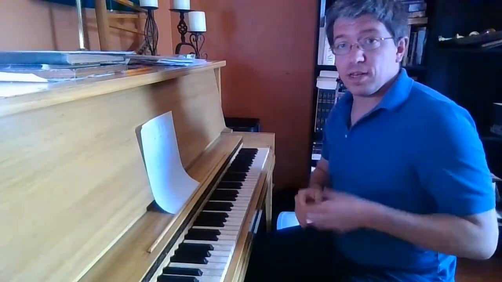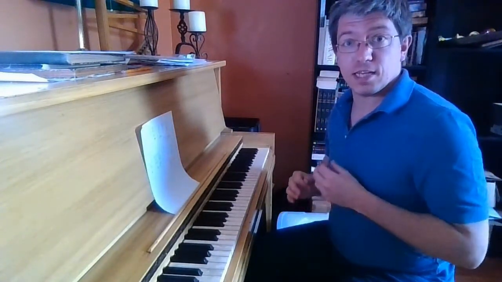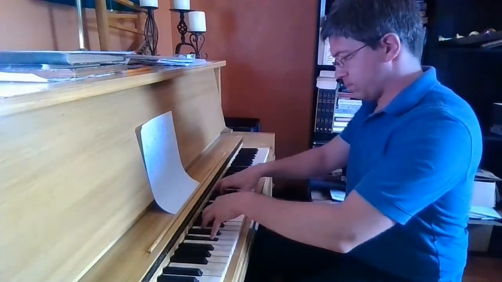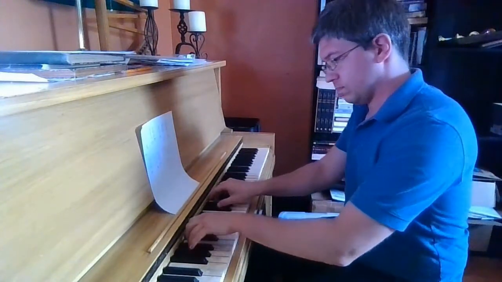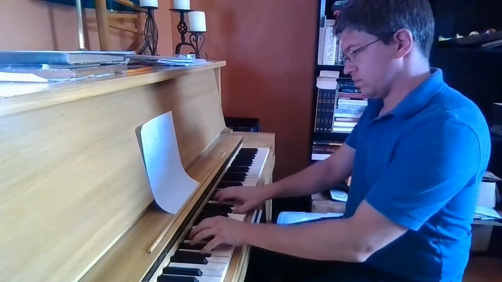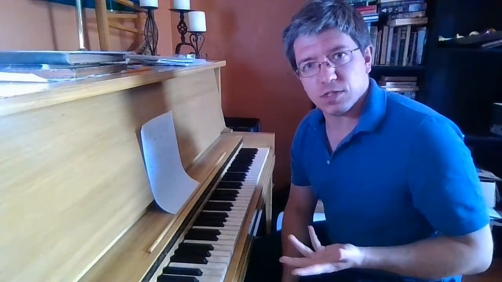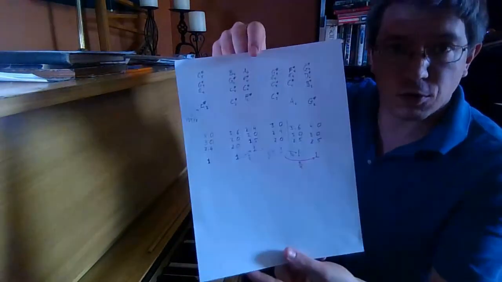Let me play the opening 2 bars of Chopin's Nocturne in C# minor. Sounds very nice. What are the chords used here? Well, I wrote this handy chart to show you, right?